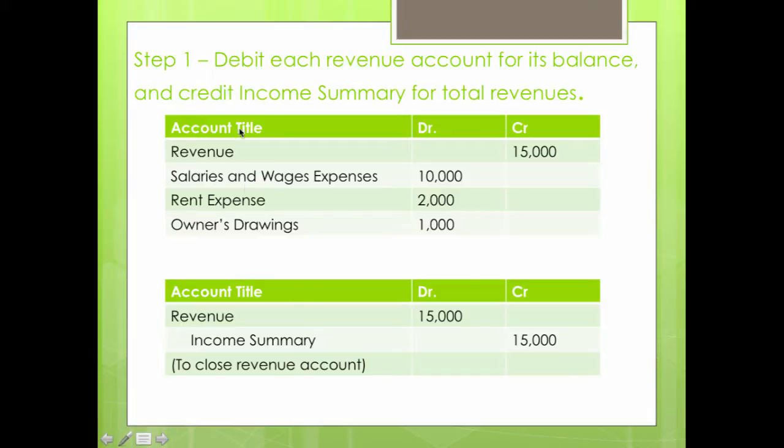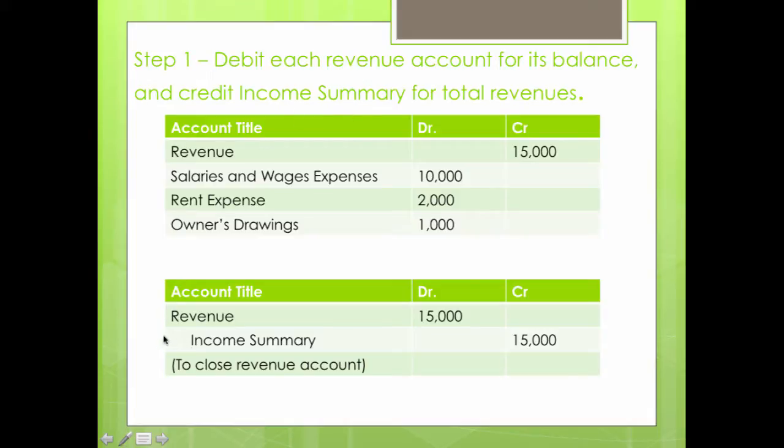So let me say that again. Step 1, we need to debit each revenue account for its balance and credit the income summary for total revenues. If we look at all of the revenue accounts in this example, we have one, the revenue account for $15,000. So we debit that. Remember, we always debit first. And then we credit the income summary for total revenues.